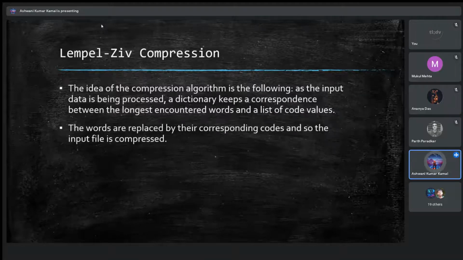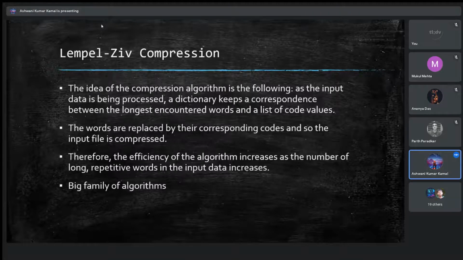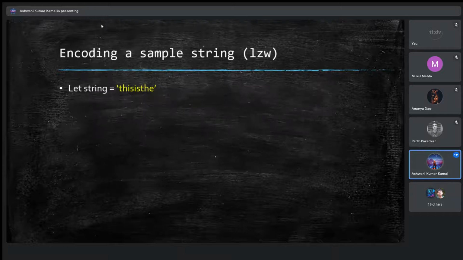The words are replaced by their corresponding codes, and so the input file is compressed. The efficiency of the algorithm increases as the number of long and repetitive words in the input data increases. And of course, it's a very big family of algorithms.